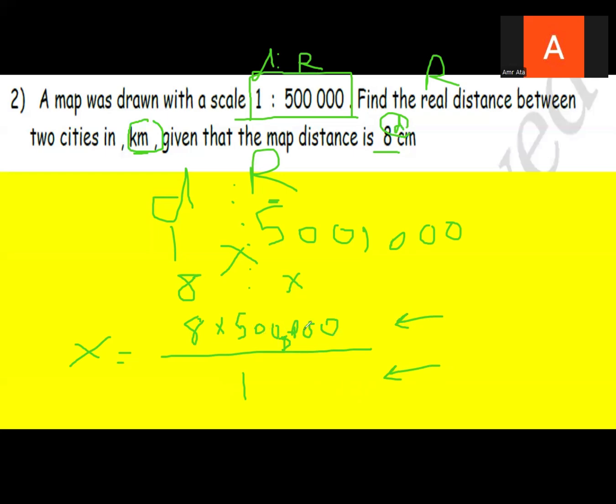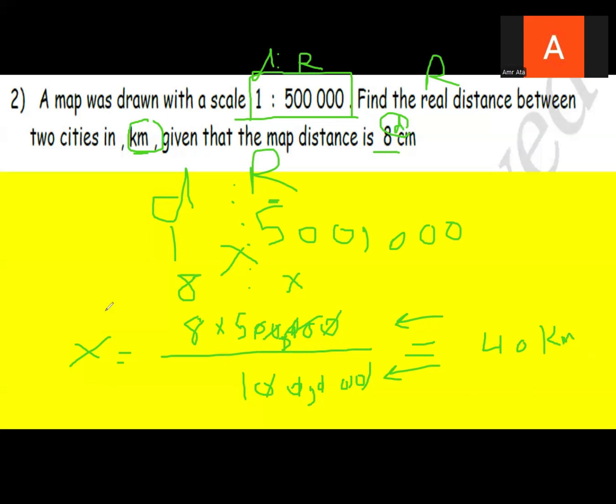So I have the zeros in the numerator, and I will put the zeros of convert in the denominator. 1, 2, 3, 4, 5 to convert kilometer to centimeter. I will cancel 5 zeros from here by 5 zeros from here. And I find 8 times 5 equals 40. So the real distance is 40 kilometers.